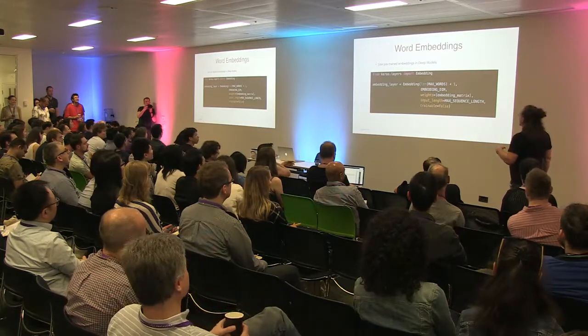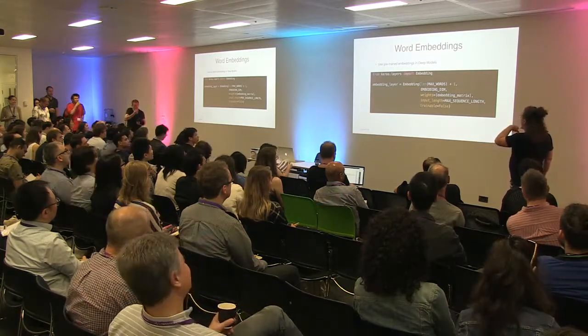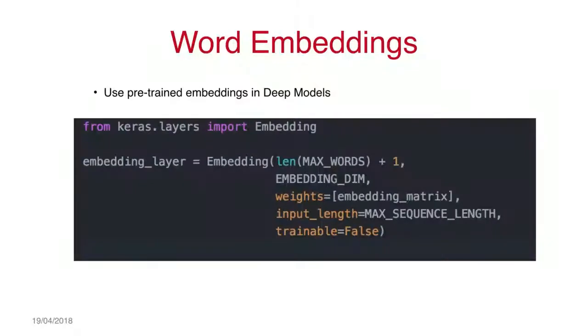But still, if you want to get to the deep learning world, and you don't really want to wait to train your embedding models, you can use pre-computed vectors directly in your model. This is how to do it, for example, with Keras.